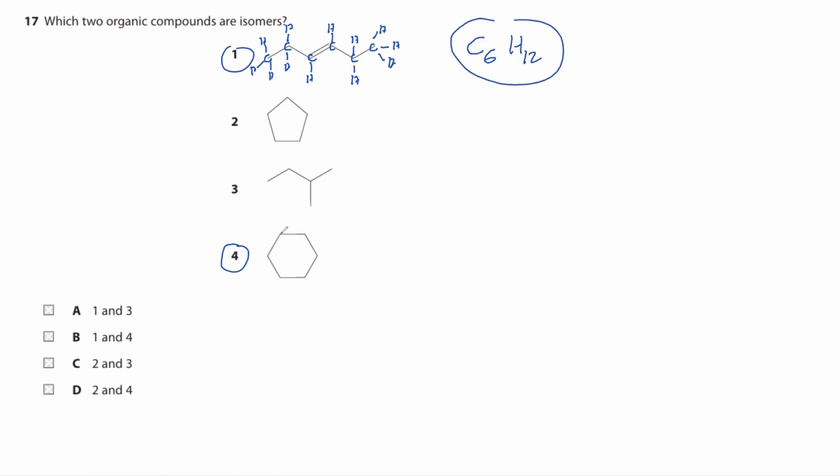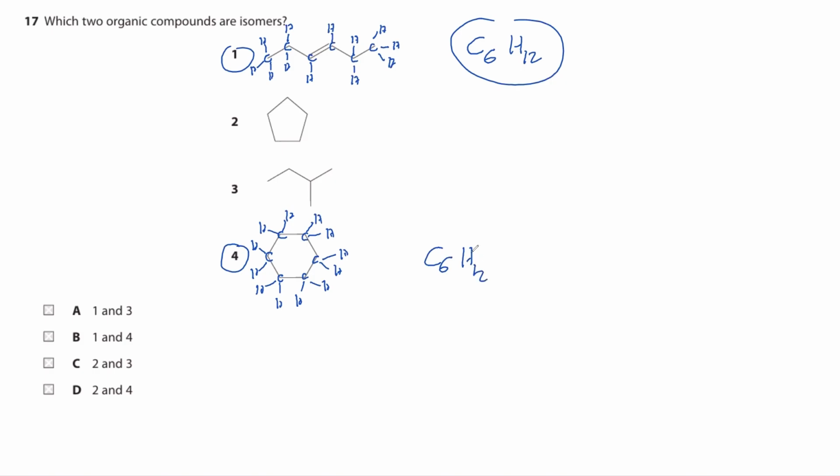Let's see for number 4. There are 1, 2, 3, 4, 5, 6 carbons. Each carbon needs 2 more bonds, 2 hydrogens. 1, 2, 3, 4, 5, 6, 7, 8, 9, 10, 11, 12.